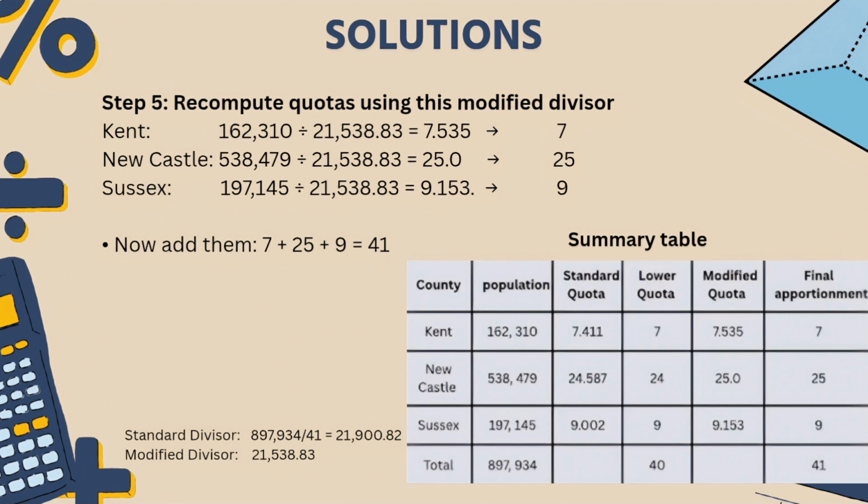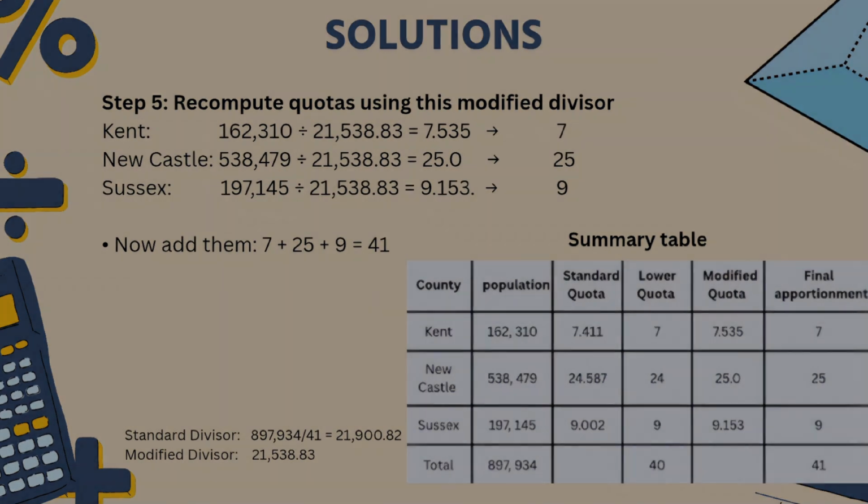So the standard divisor is 897,934 divided by 41, which is equal to 21,900.82. Our modified divisor is 21,538.83. We have a summary table if we look further.